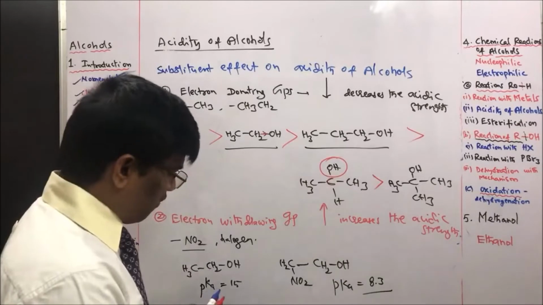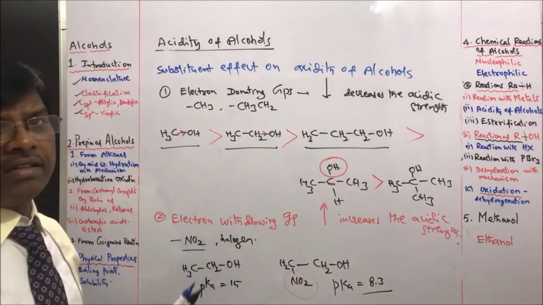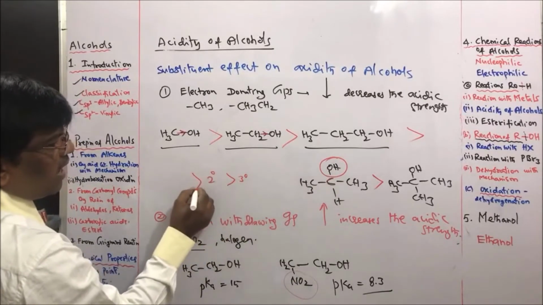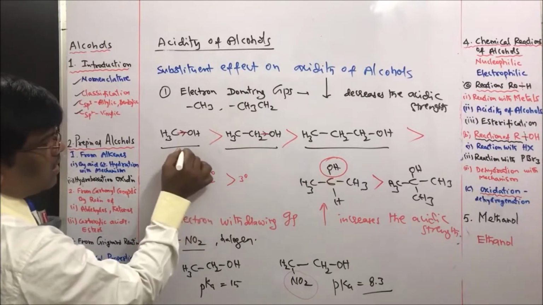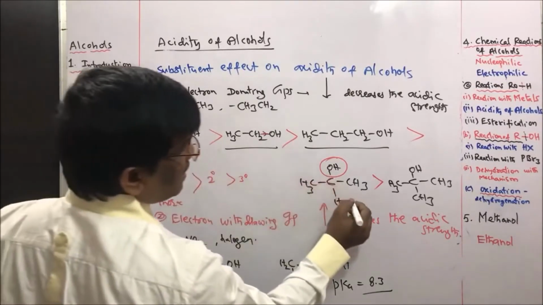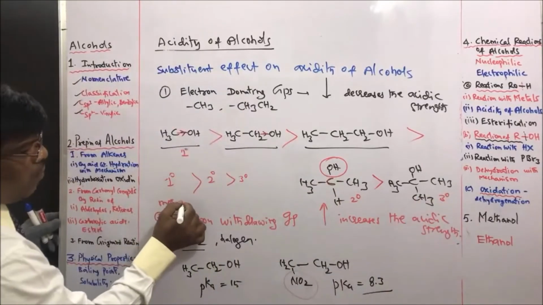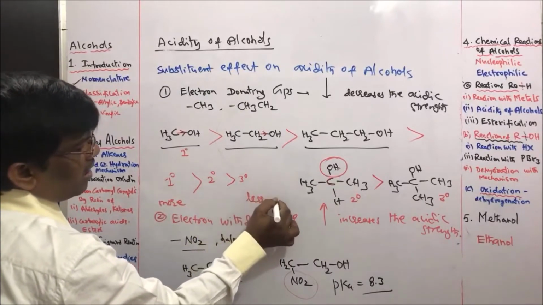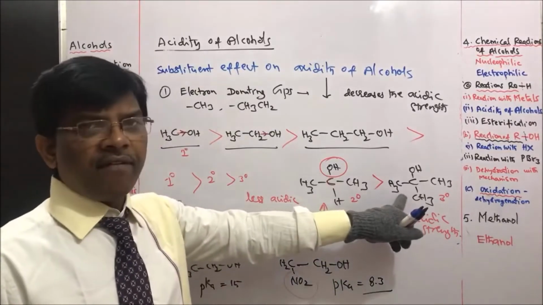So this electron withdrawing group increases the acidity of alcohols. Tertiary alcohols are less acidic than secondary, and primary are more acidic. This is primary, this is secondary and this is tertiary. So primary alcohols are more acidic and tertiary alcohols are less acidic, yes friends, because of this plus I effect group.